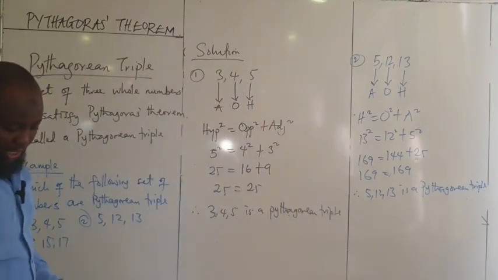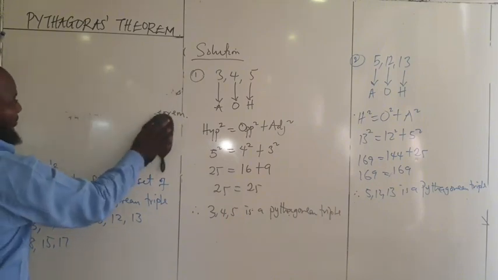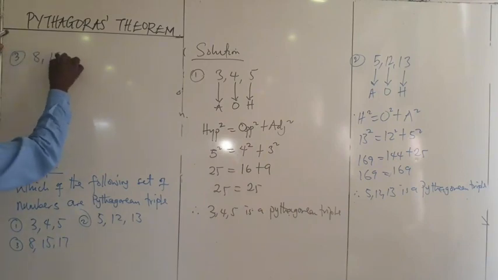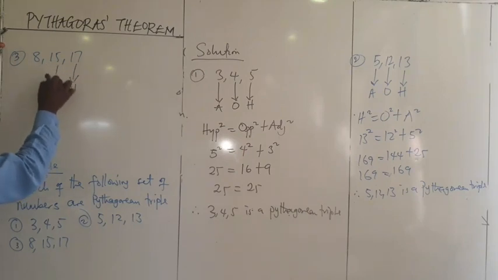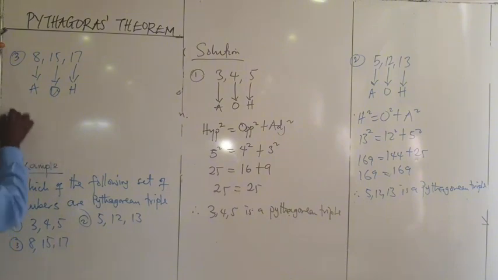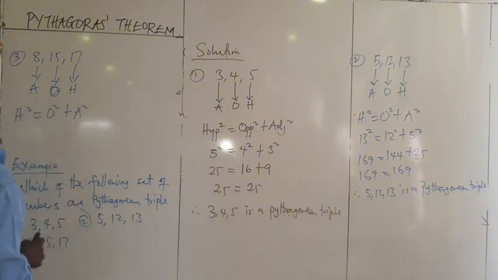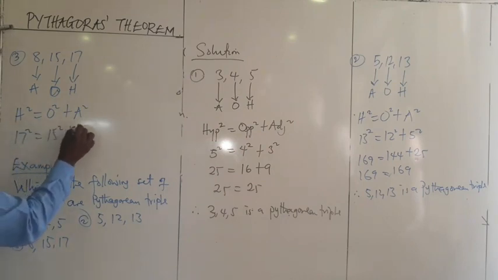Then the third one we have here is 8, 15, and 17. We also do the same thing. This is the hypotenuse, opposite, and adjacent. So hypotenuse squared equals opposite squared plus adjacent squared. The hypotenuse is 17 squared, 15 squared plus 8 squared.